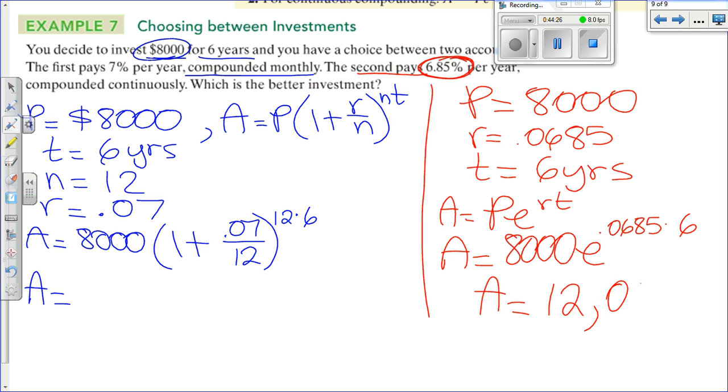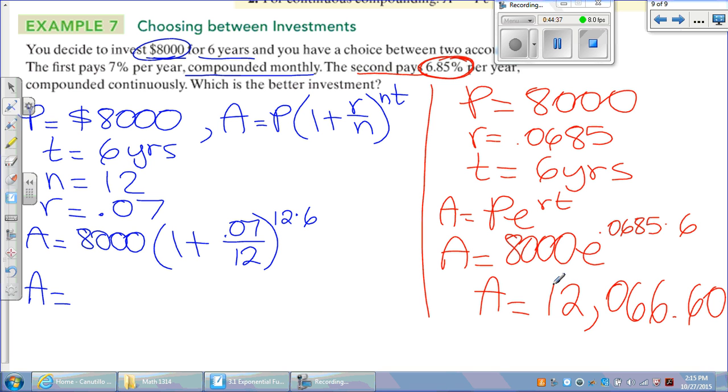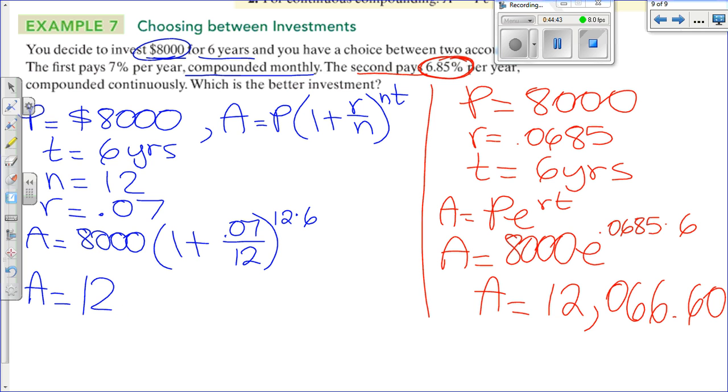Yes, point 66. Okay, and then Jonathan: 12,160. So 12,160, do you guys agree? Yes. Okay, so which one is a better investment? The one compounded monthly, actually, the first one, right?